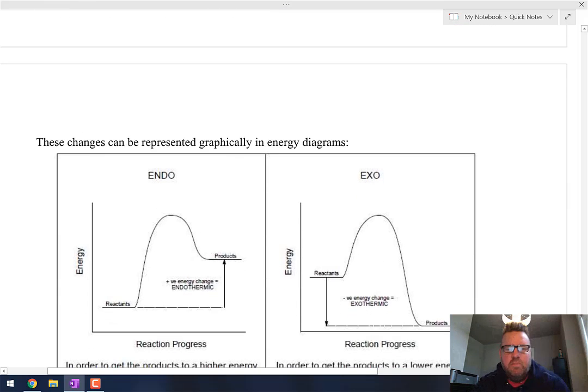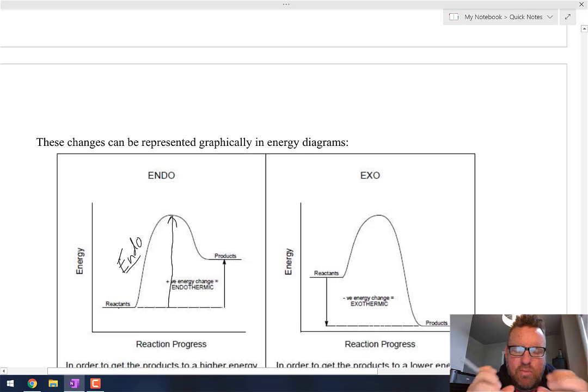Okay, in every chemical reaction, remember there's two parts. There's always going to be a part at the beginning where it's going to take energy to break those bonds. Okay, so here's the reactants, and then we go all the way up to here. And that rise is absolutely the endothermic part of that process.